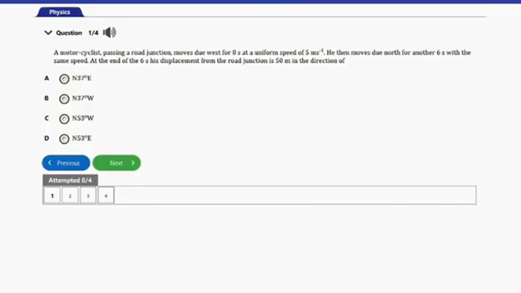So guys, for this we are going to actually plot the graph of the movement here. So first of all, it says here the guy moves due west. So guys, that's in the leftward direction this way. So he moved for 8 seconds with a speed of 5 meters per second.